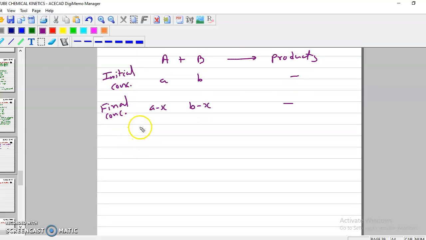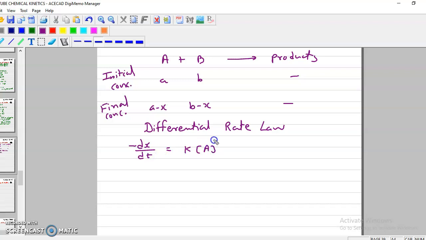Okay, so now the differential rate law is minus dx by dt is equal to k, concentration of A raised to x, concentration of B raised to y, where x is equal to 1, y is equal to 1, so the net order of reaction is 2.